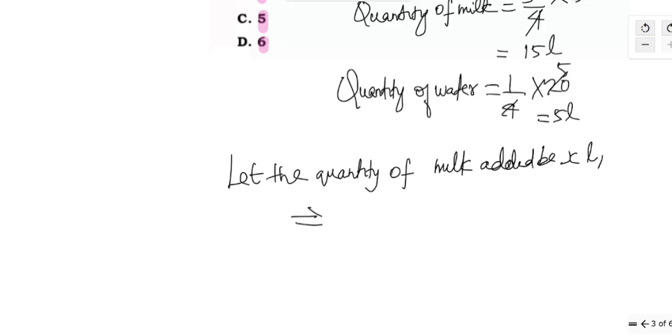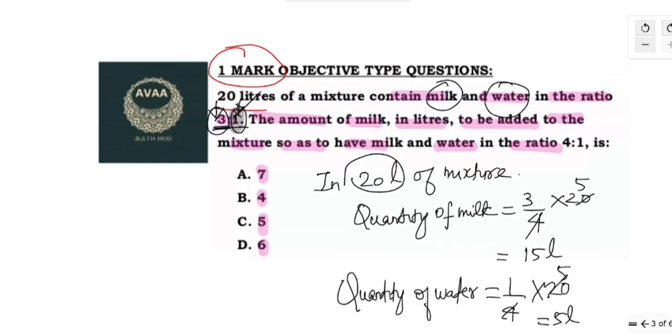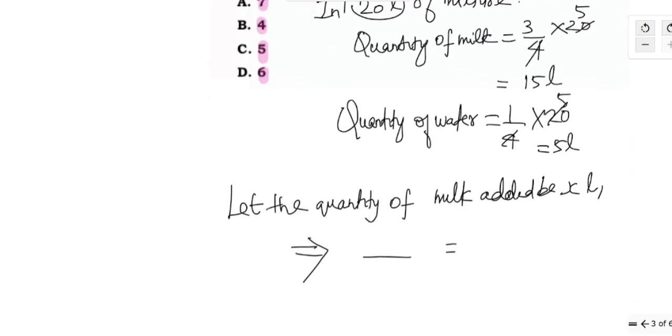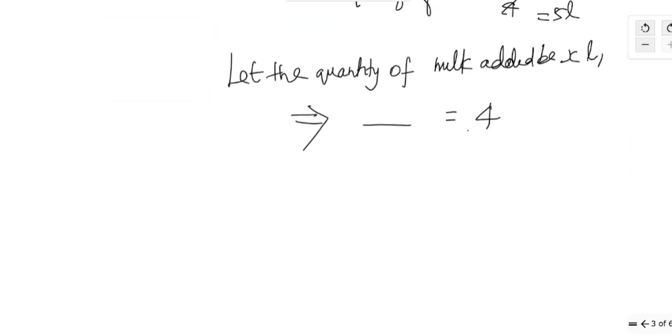So here the ratio has been given as 4:1, that I am going to write down. 4 meant for milk and 1 meant for water. So for 1 we know that is nothing but 5 liters. So that we are going to write here as 5.